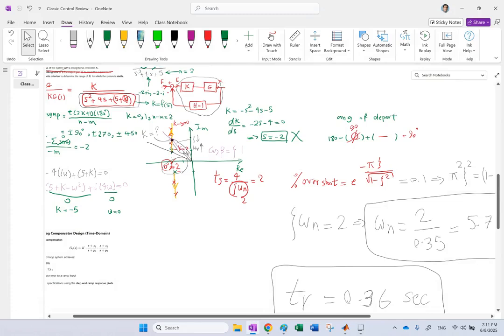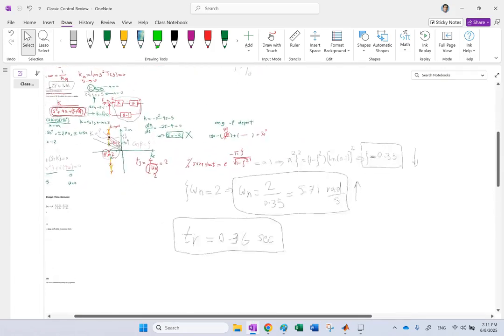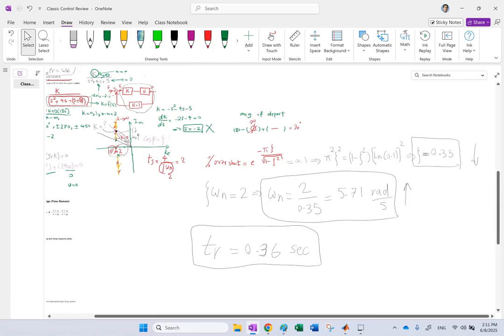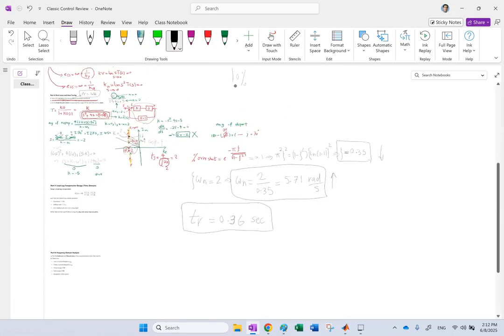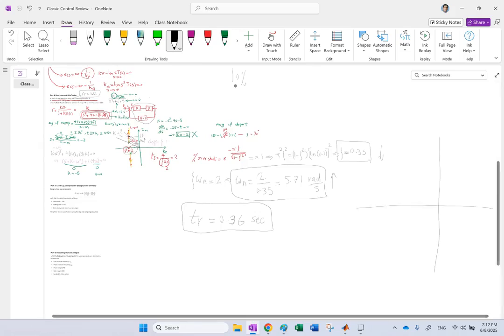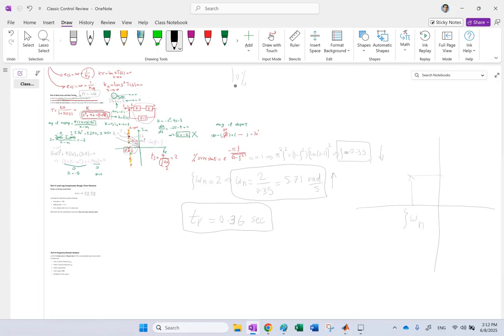So how do I calculate it analytically? Now that I know where my poles are, how can I calculate this? So first, let me calculate the location of the pole exactly. Now that I have zeta and omega n, if you remember, the real part of the poles is zeta omega n, and the imaginary part is omega n square root 1 minus zeta squared.